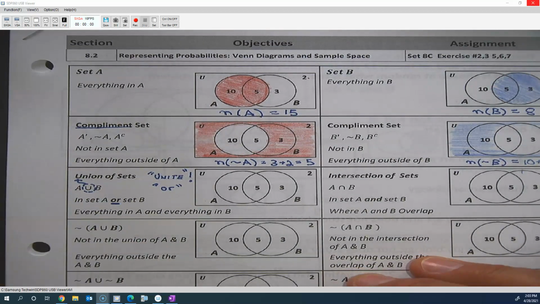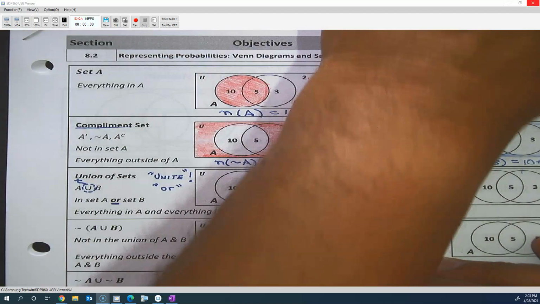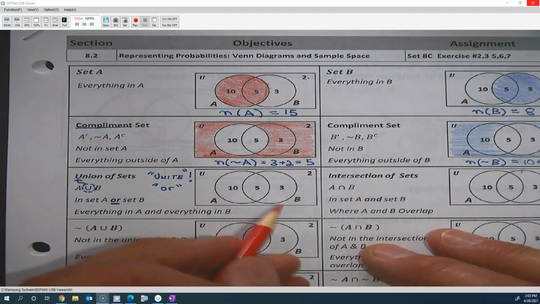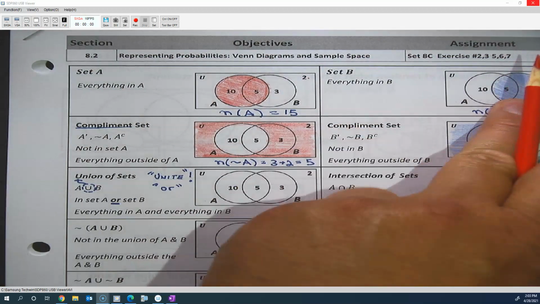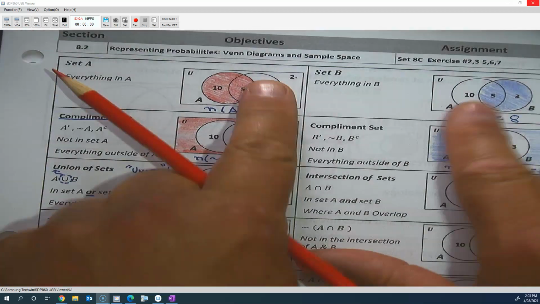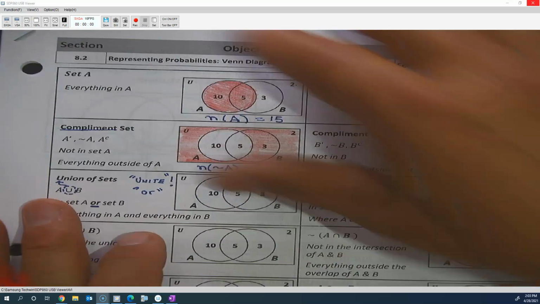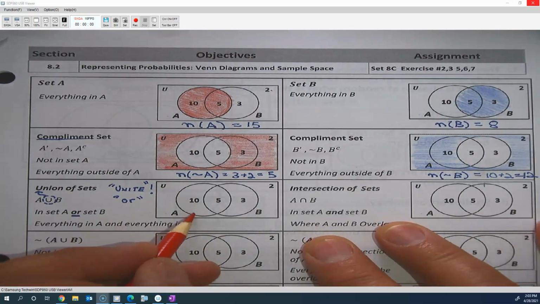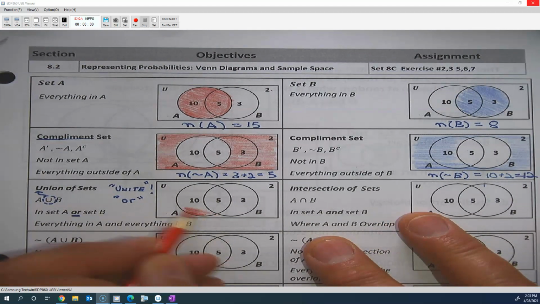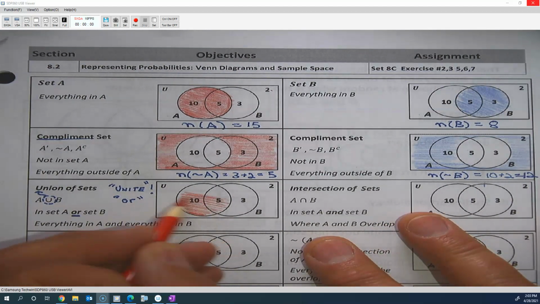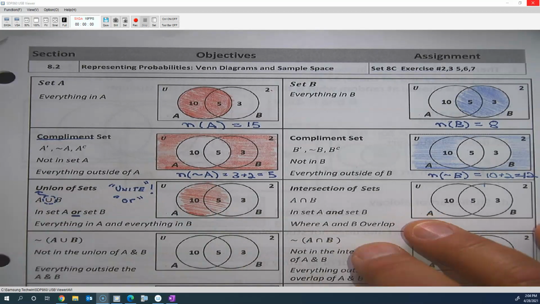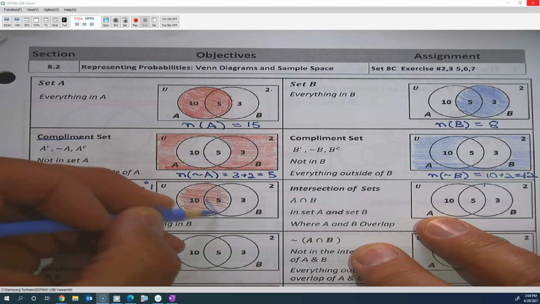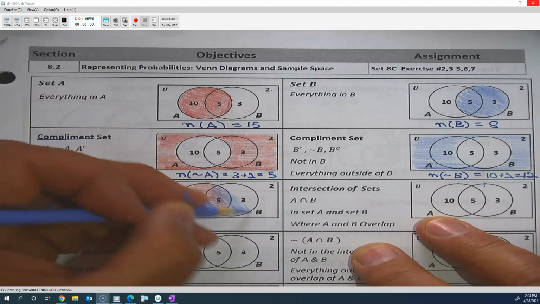So that's going to be the red and the blue, these two just combined. There's going to be one part that's colored twice. That's the intersection. So here's red, all the forces of red assembled, and all the forces of blue assembled.